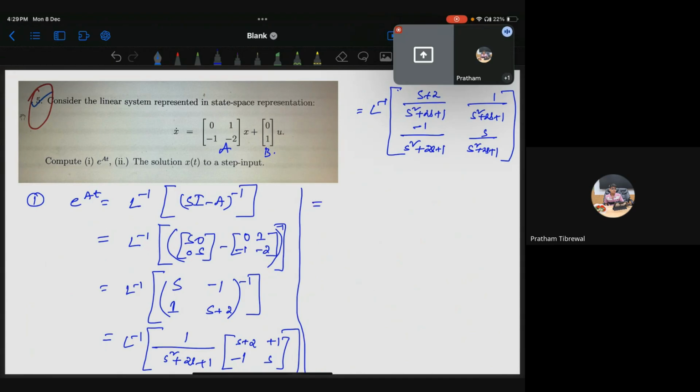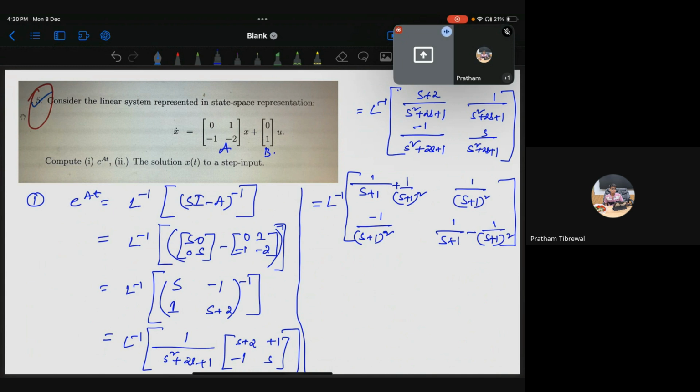No, sir. Yeah. So now we apply partial fractions inside these terms. L inverse of, so I'm writing it directly. First one becomes 1 by s plus 1 plus 1 by (s plus 1) whole square. Second one is 1 by (s plus 1) whole square. The other one is minus 1 by (s plus 1) whole square. This one is 1 by s plus 1 minus 1 by (s plus 1) whole square.